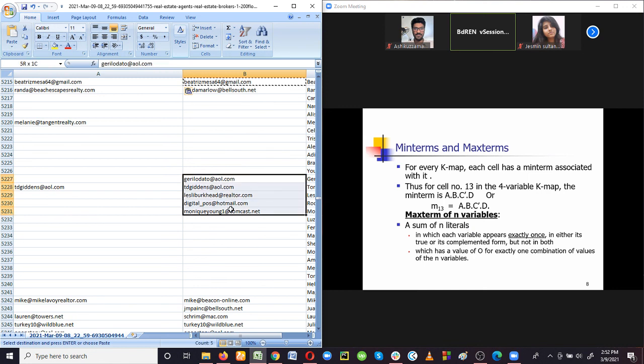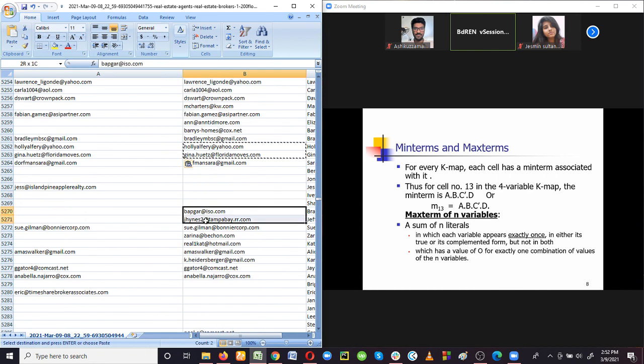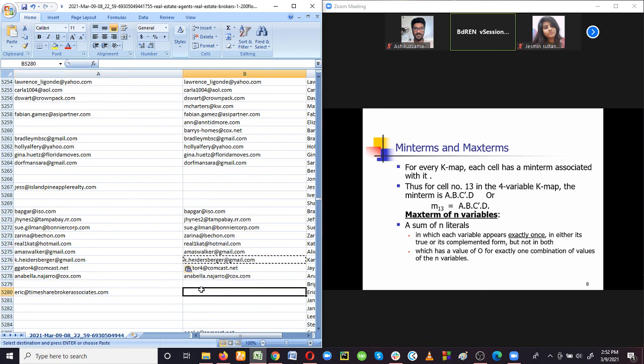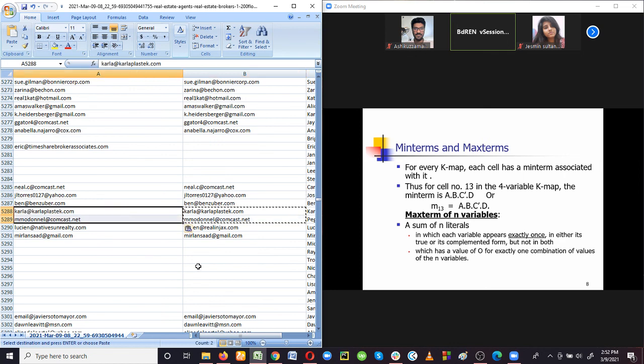In it, each variable appears exactly once in either its true or its complement form, but not in both. That means there cannot be both. If one has an inverse, the other will be in non-inverse form.